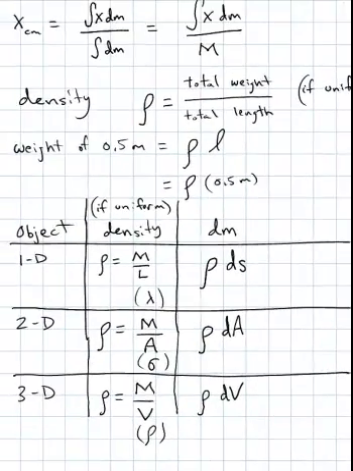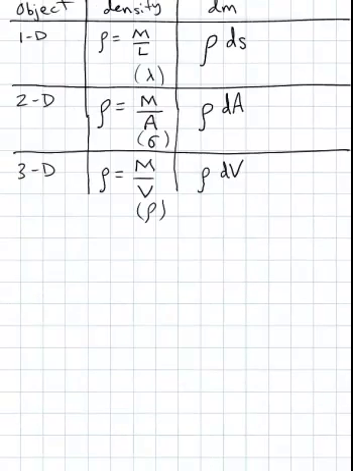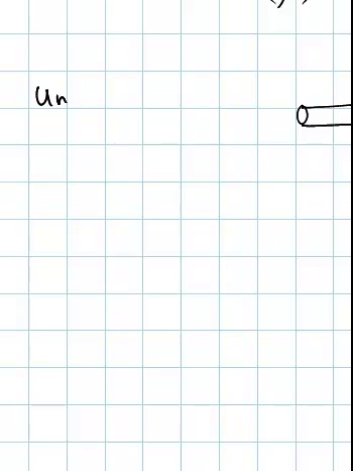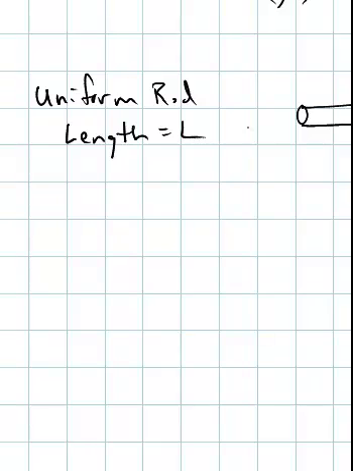So now we want to go back and actually do our problem. We've got a one-dimensional object, a rod, very thin rod, uniform. We'll come back and do one that's not uniform in a minute. Let's make it uniform, and total length L. And we talked earlier in the other video with point masses that the center of mass should be independent of the coordinate system we choose.